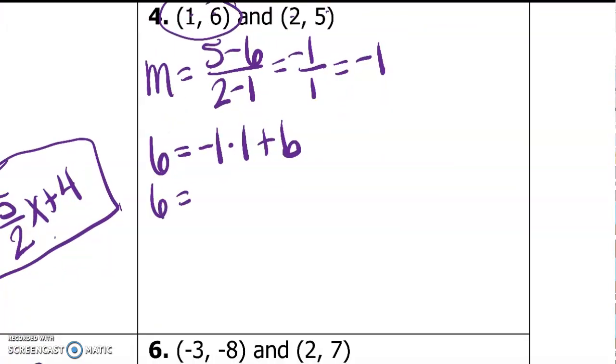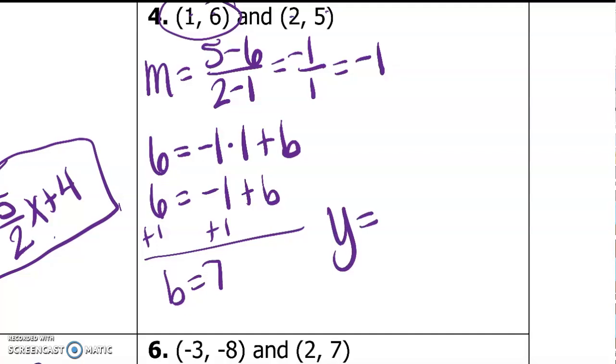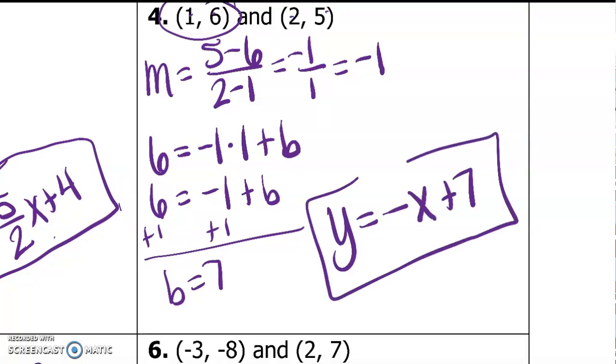So 6 equals -1 plus b. And I need to add 1 to get b by itself. B is equal to 7. So your final answer is y equals -1x, so you can just put a -x plus 7.